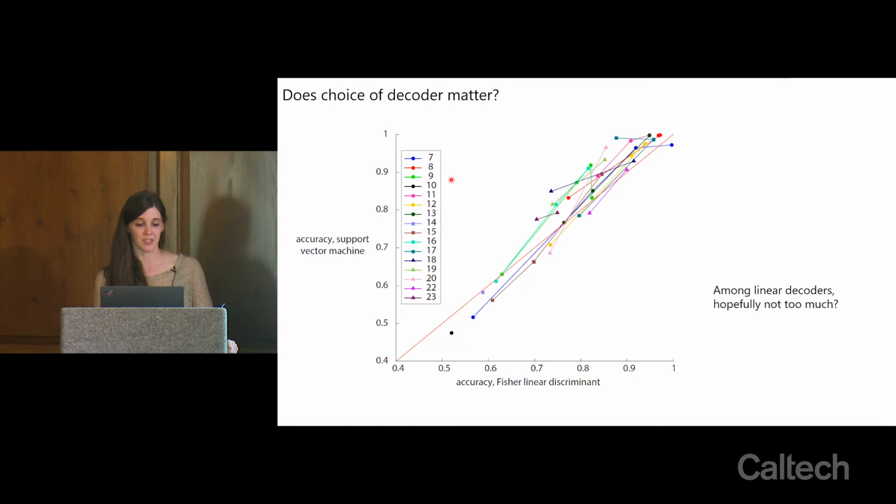This is a big data set of animals from the Anderson lab where we were trying this task. If you do very poorly with one linear decoder, you're probably going to do poorly with another. You can try to boost performance with a nonlinear decoder or with data pre-processing steps, but among linear methods, it doesn't seem like the choice of decoder matters a whole bunch.